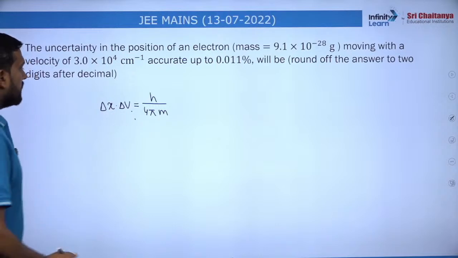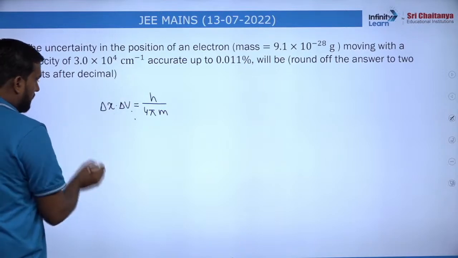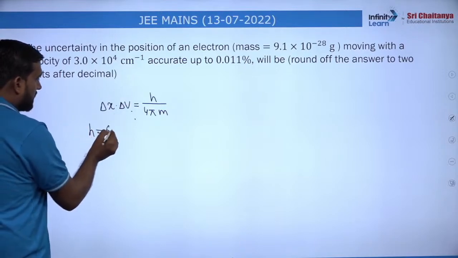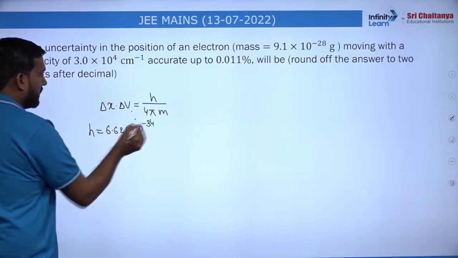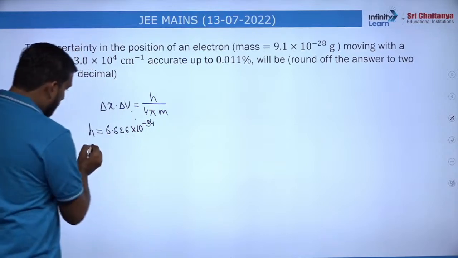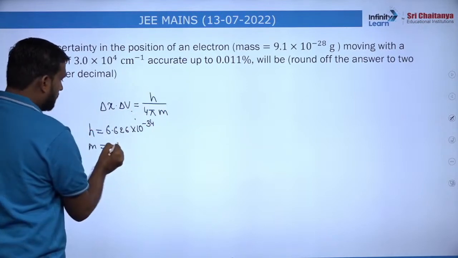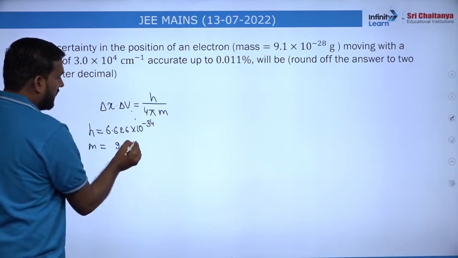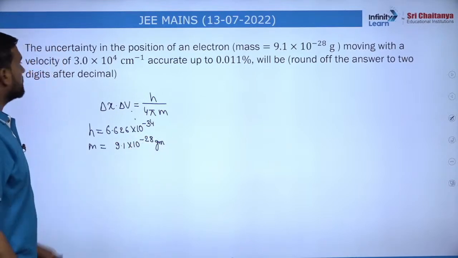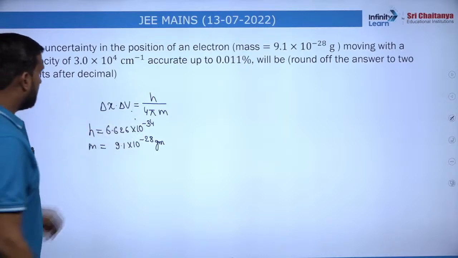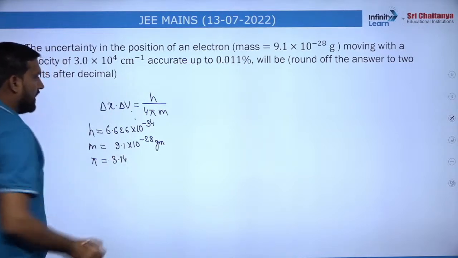So here, first we have to calculate the values of each of them. The value of h is 6.626 into 10 to the power minus 34. Then we have to find the mass, which is given in the question itself: 9.1 into 10 to the power minus 28 gram. Next is pi, which everyone knows, but let me write it here.